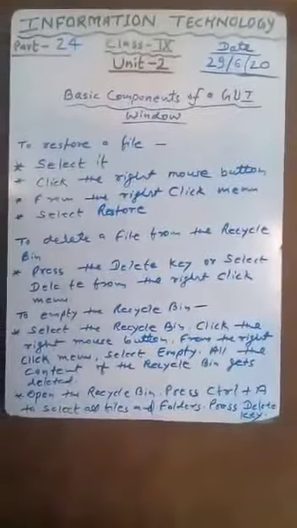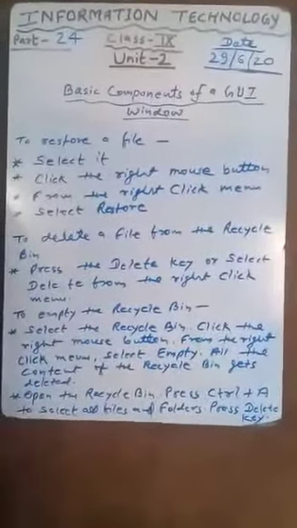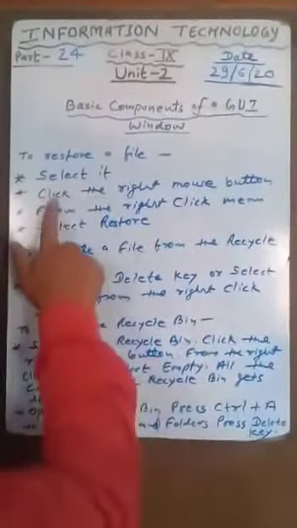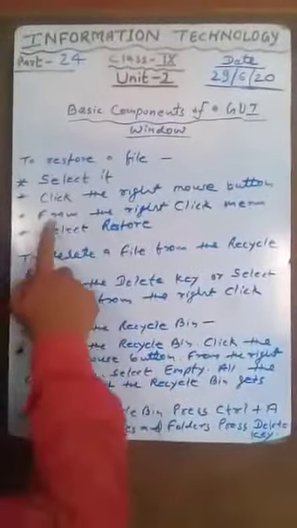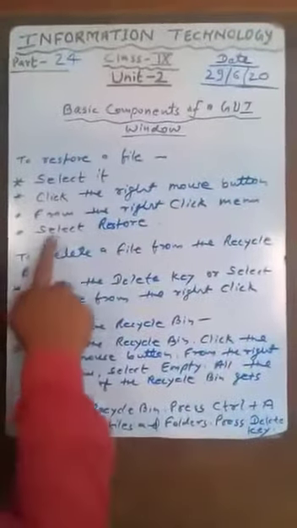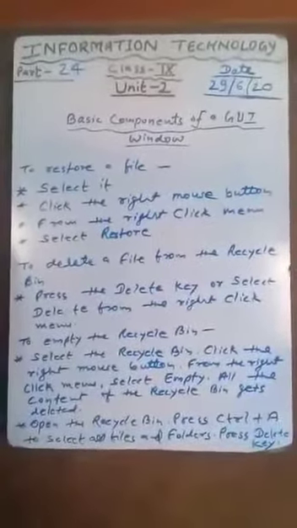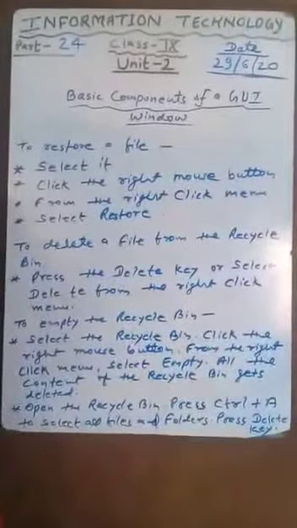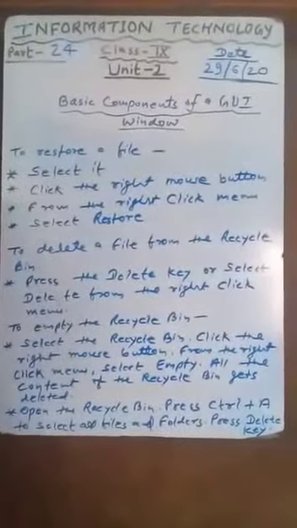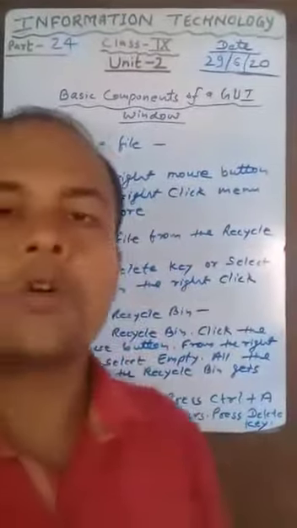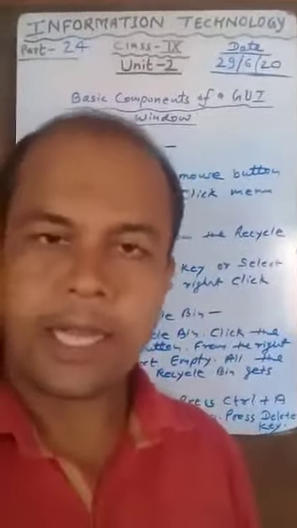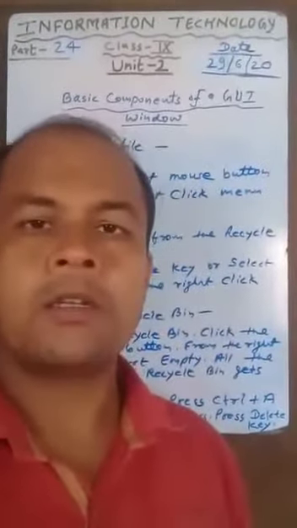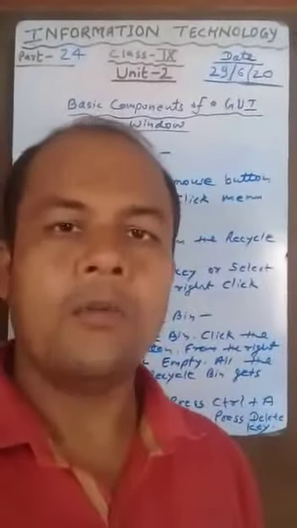To restore a file, first of all we select it, click the right mouse button, and from the right click menu select restore. Suppose that we delete some file or folder and then want to get it back, then we use restore.